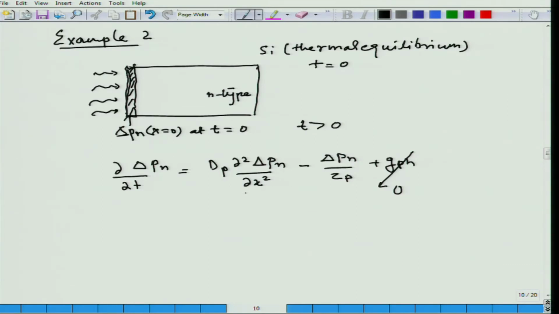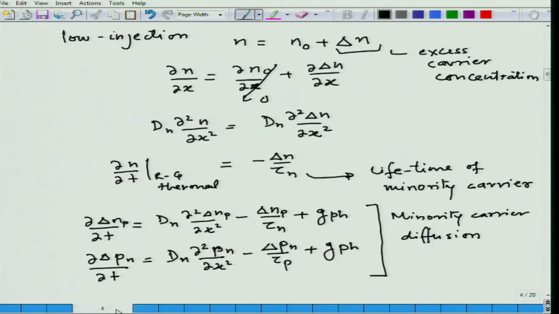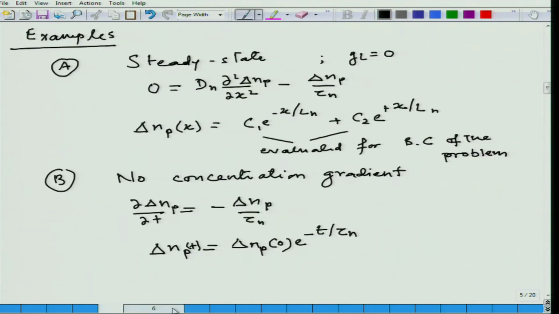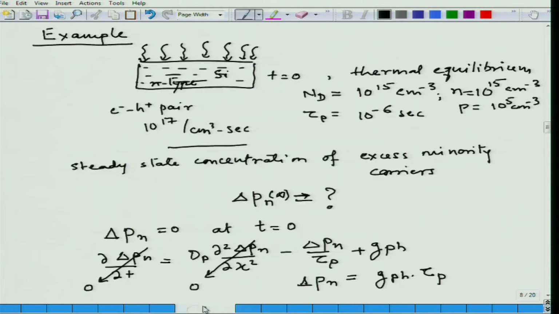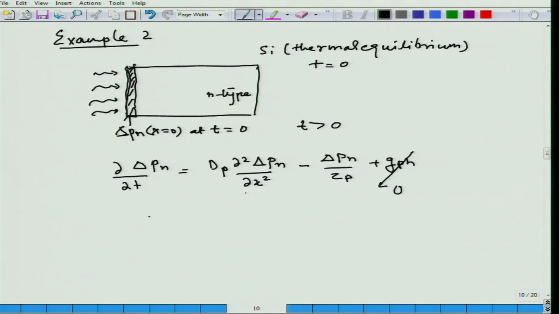So, when one solves this problem, one would see that it is basically being driven by the diffusion of the excess carriers into the semiconductors, and a solution for that can be obtained, which we have shown in one of the examples here. And then that can be applied to our solution to find the delta p n.